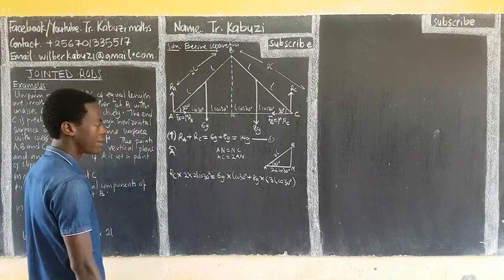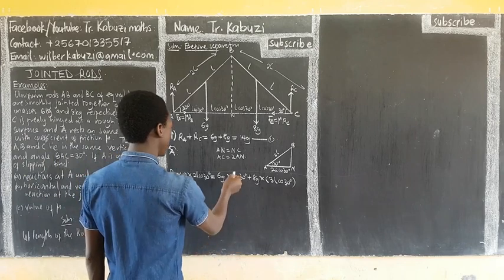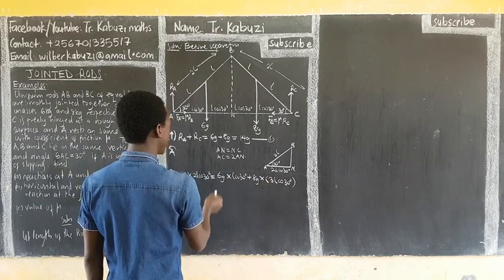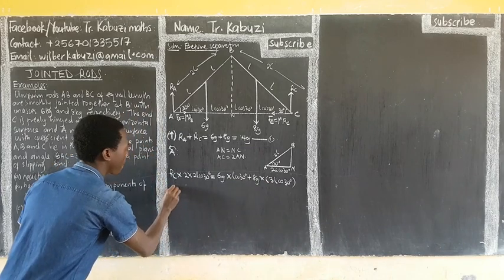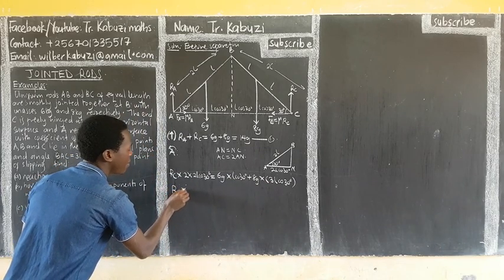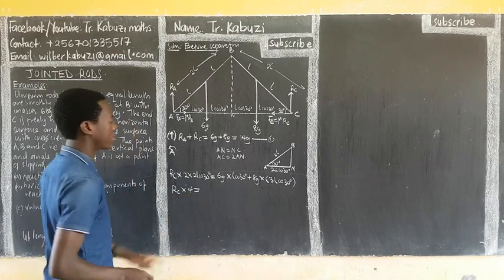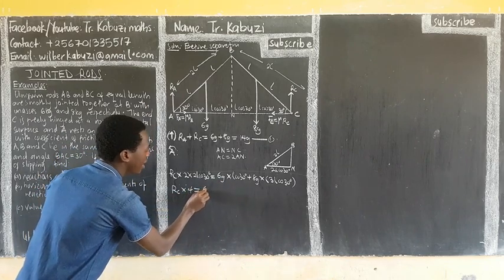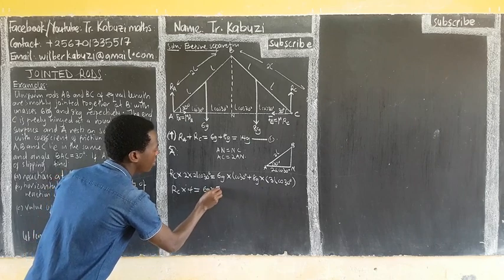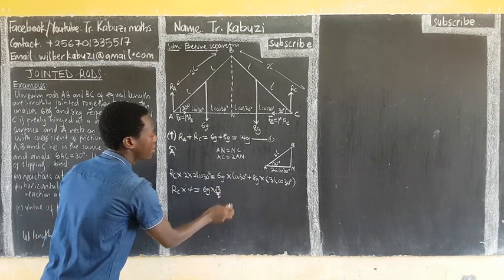We see that L is common, so L is going to disappear. So here I'm going to have RC times 4 equaling 6g times root 3 over 2, this one being cos 30.